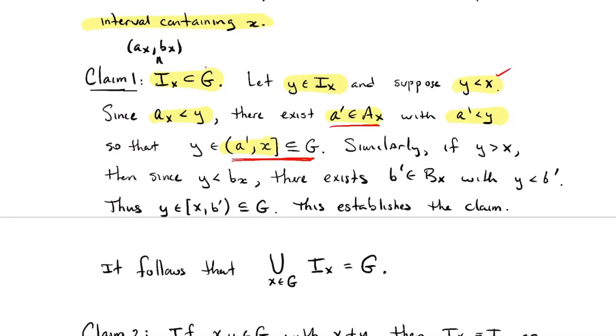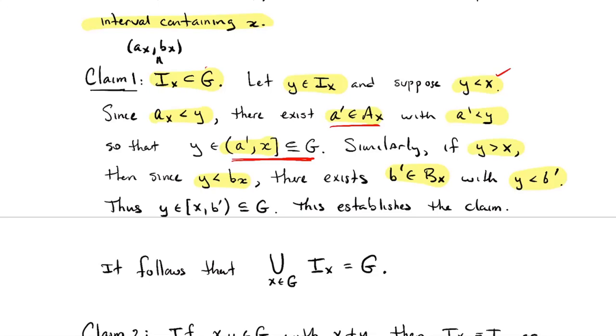But I have to try the other case. If y is bigger than x, then by the same token, y is less than b sub x because it's in I sub x. And if you're less than b sub x, then you are not an upper bound, since b sub x is the sup. So there has to be some element in that set that's bigger than you.